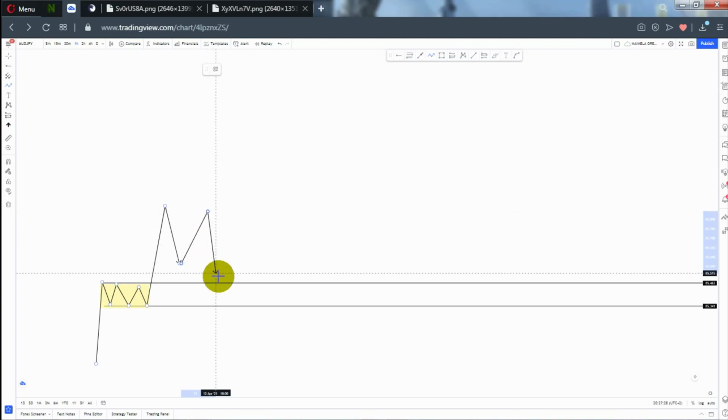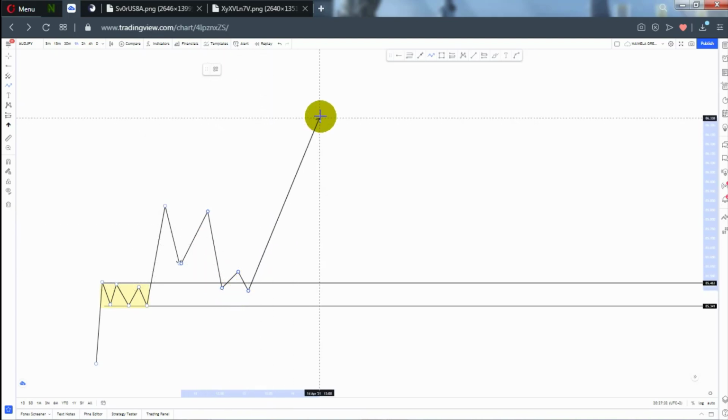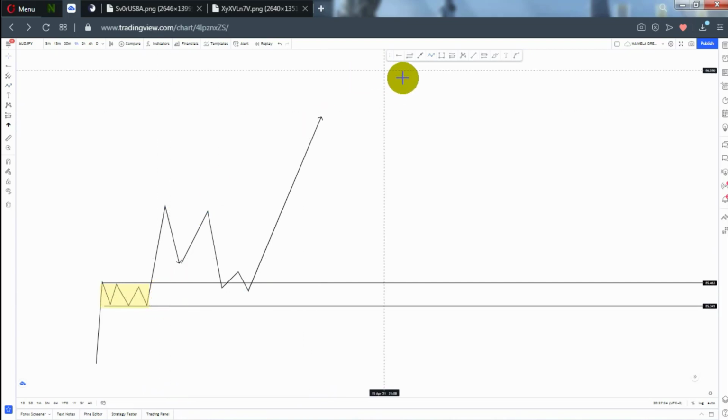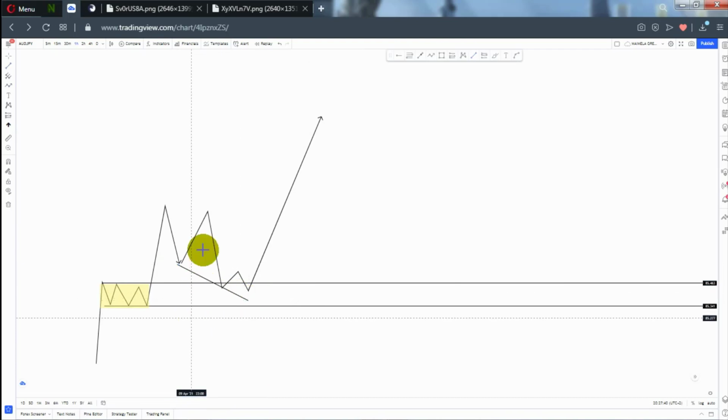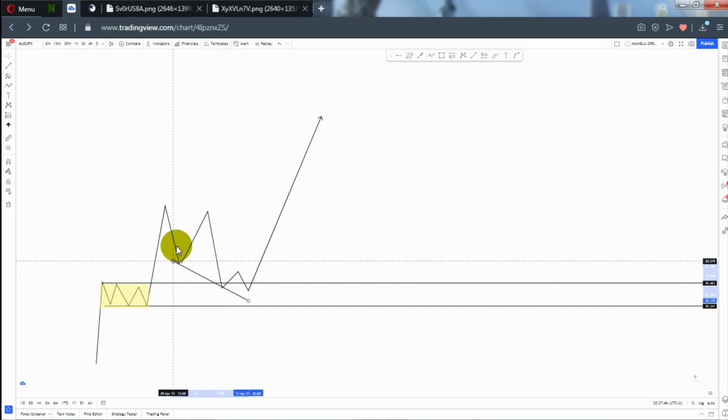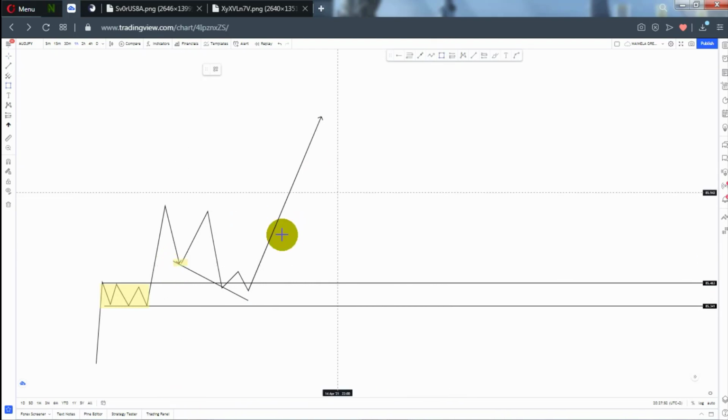Then out of the blue, you get a rejection towards the demand zone. In this case, you will have drawn your level or your trend line like this, anticipating the second touch to the trend line after you got this first touch here. This will be your second touch, where you'll be anticipating a buy.